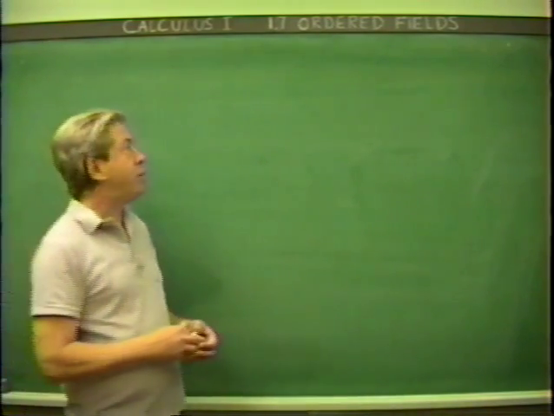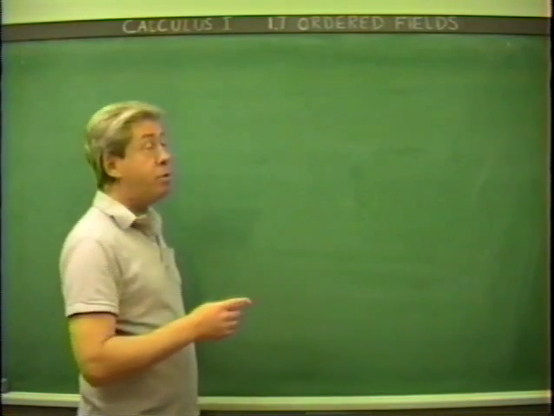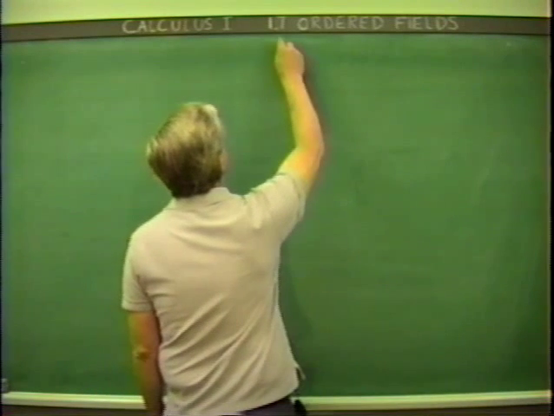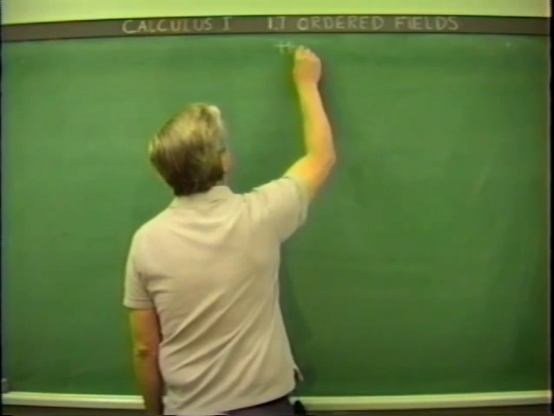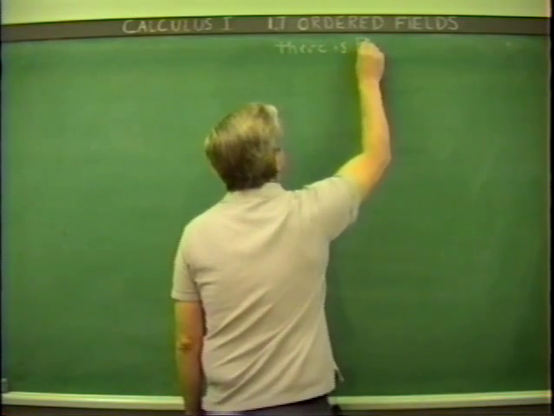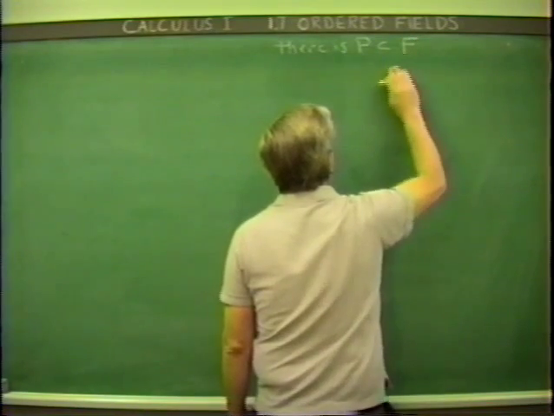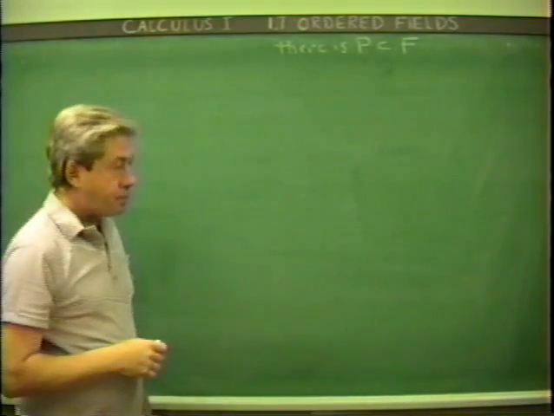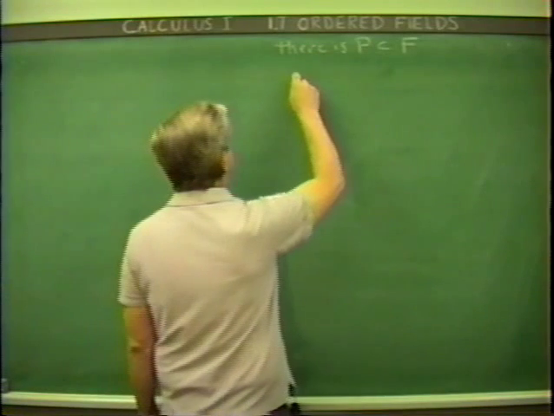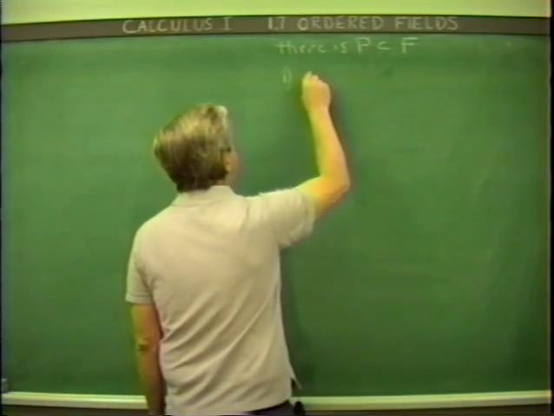First, let's look at order on a field. The easiest way to get at this, perhaps, is a sort of grade school approach. That is to say, a field will be said to be ordered if there is a set P, the positive elements contained in the field F, so that three things happen.